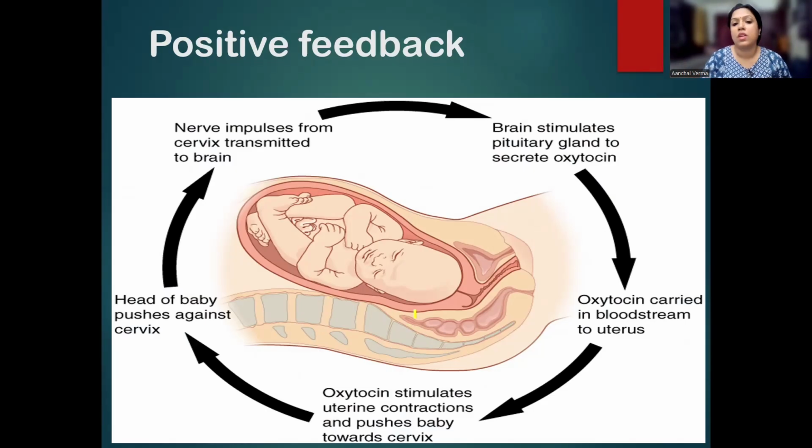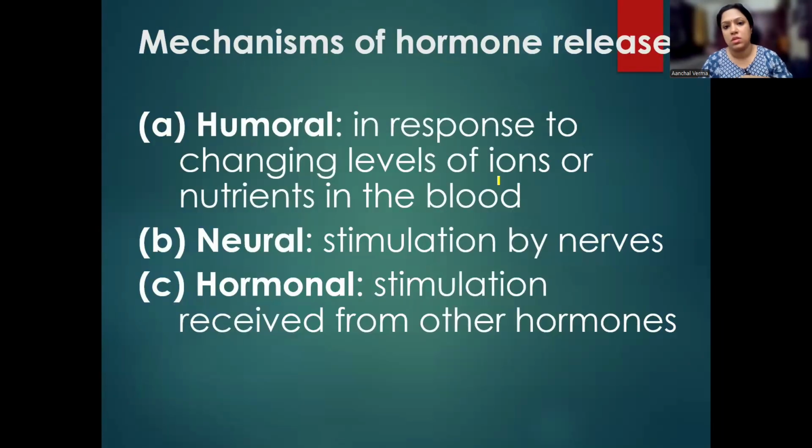Okay, so this is called the positive feedback. Brain stimulates pituitary to release oxytocin. Oxytocin is carried to the uterus. Oxytocin stimulates uterine contraction and pushes the baby. Head of the baby pushes against the cervix, and this nerve again stimulates more oxytocin release. So here oxytocin release is triggering more oxytocin release.